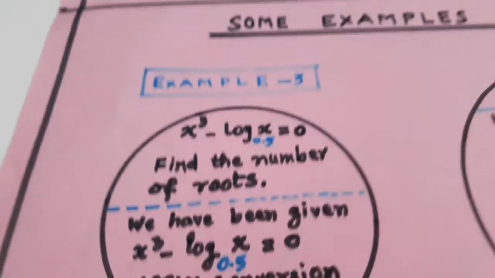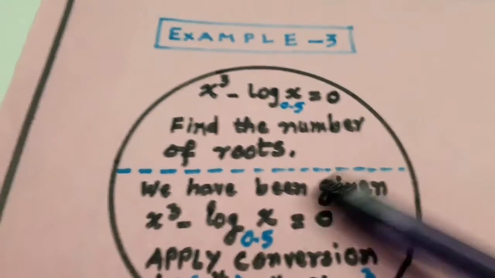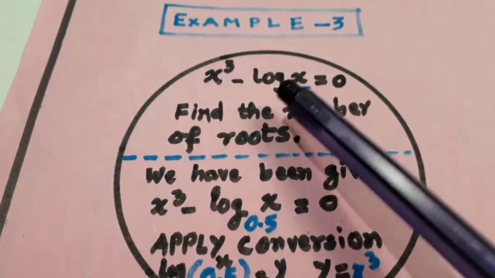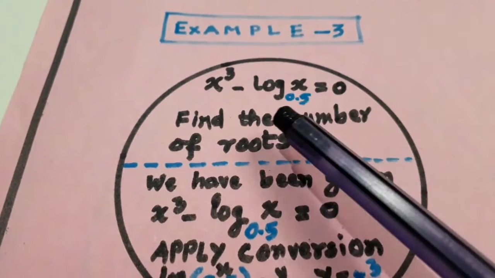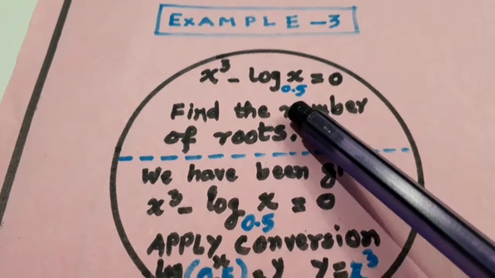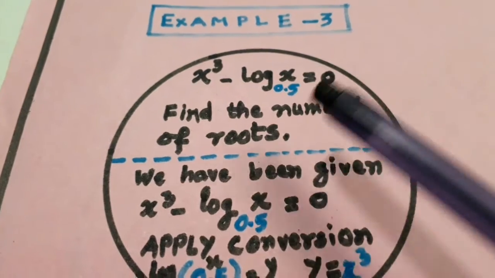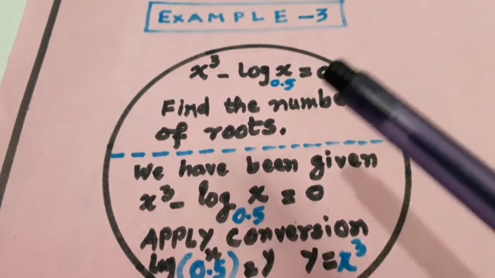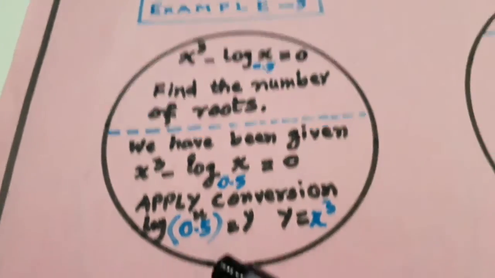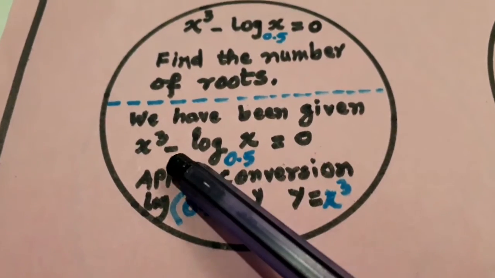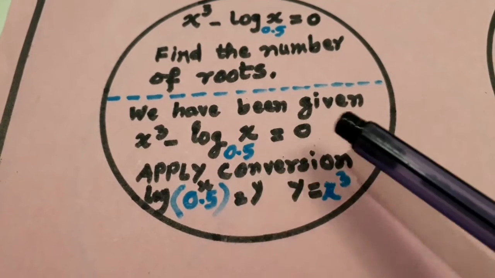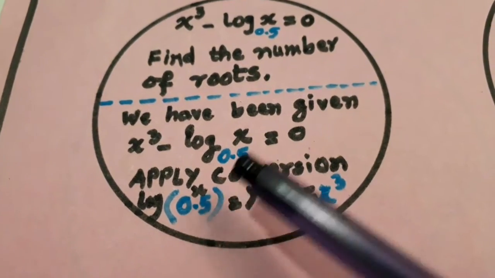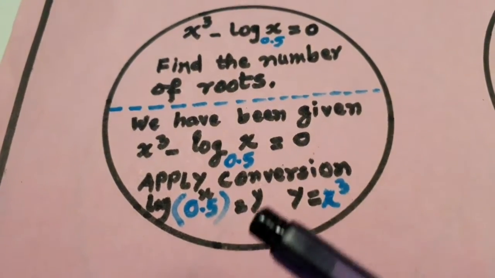Example number 3. It is x cube minus log base 0.5 of x equal to 0. Find the number of roots. Now look here, we have to solve this. X cube minus this is equal to 0. Apply the conversion formula.